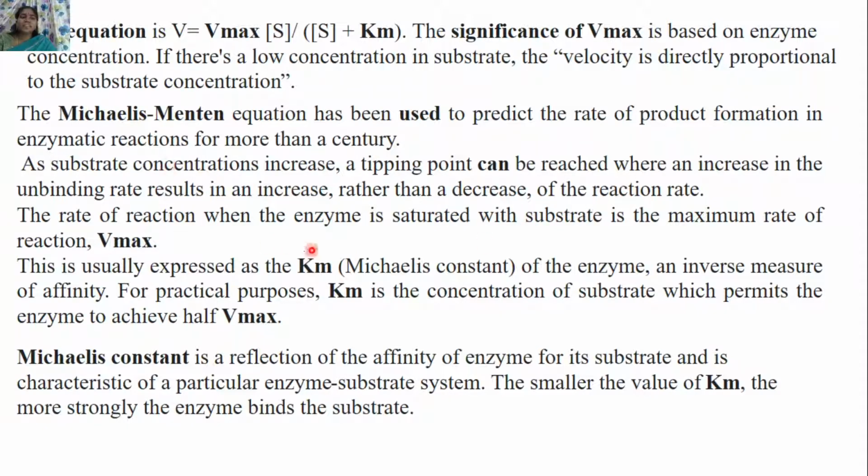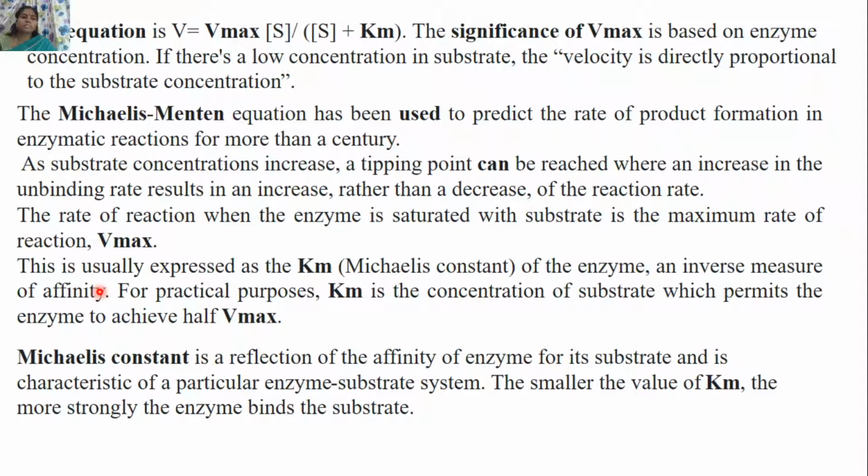The rate of reaction when the enzyme is saturated with substrate is the maximum rate of the reaction, which we call Vmax. Vmax means velocity at its maximum. This is usually expressed as Km, the Michaelis constant of an enzyme, an inverse measure of affinity.